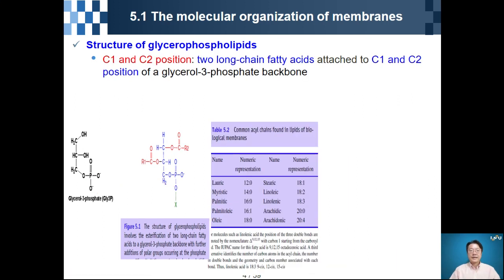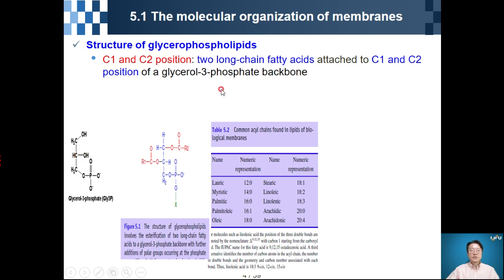So in this slide, I will explain another important structure in glycerol phospholipid. This is the C1 position, and this is the C2 position. An OH group is attached to the C1 carbon, and another OH is attached to the C2 carbon.